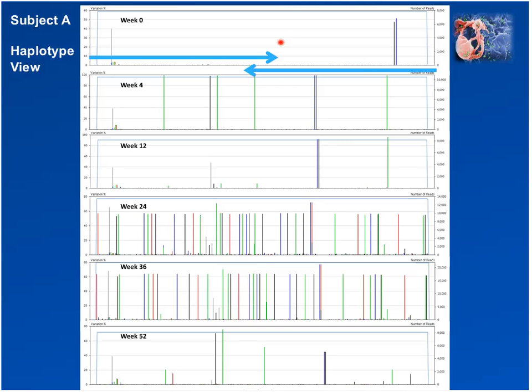So as you can see here, for this individual from week 0 to week 4, a new virus did appear with some variants that we can see all the way across the target region at 100%.